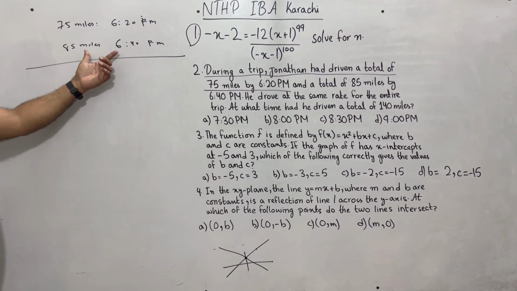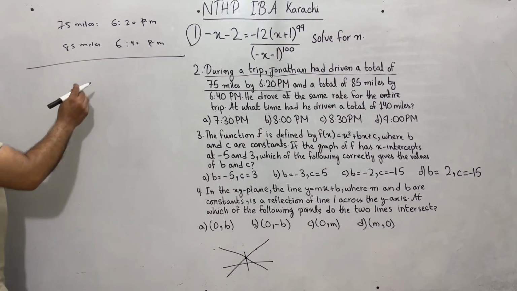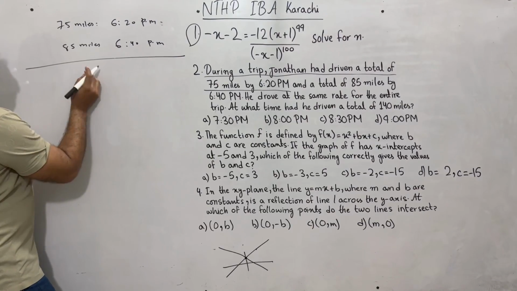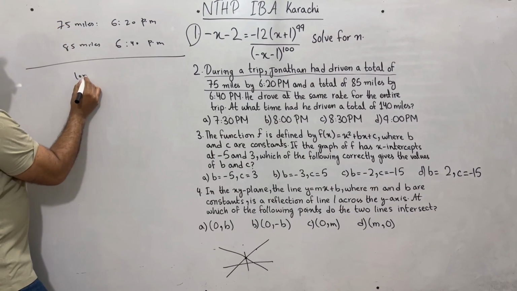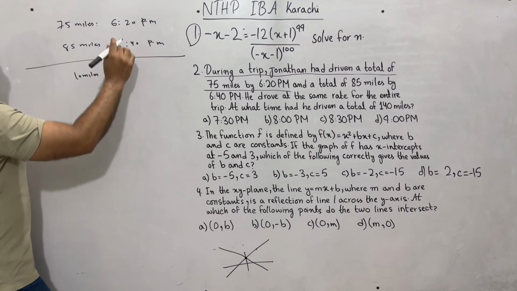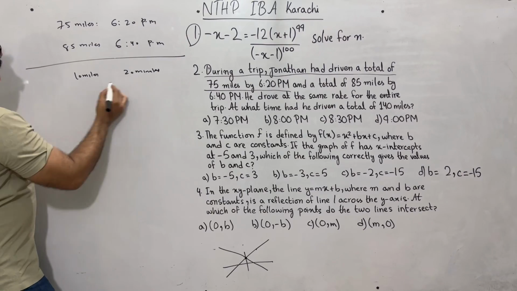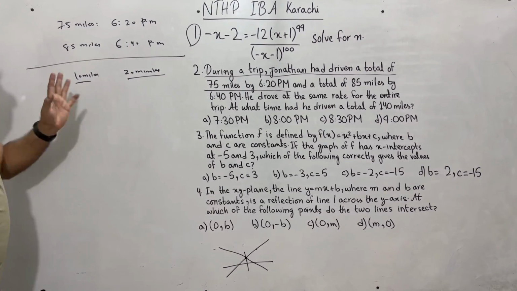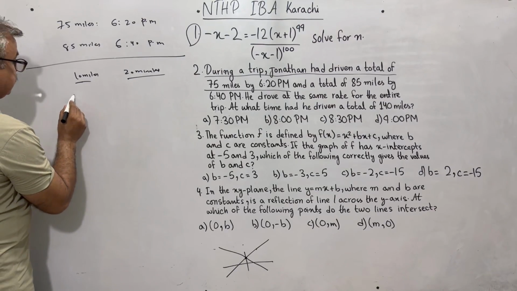From this tiny line, we can get through this question. It's the key to this question. Now 85 minus 75 is 10 miles, and the difference of time is only 20 minutes. Its distance, its time. Now we can calculate the speed at which he is driving.